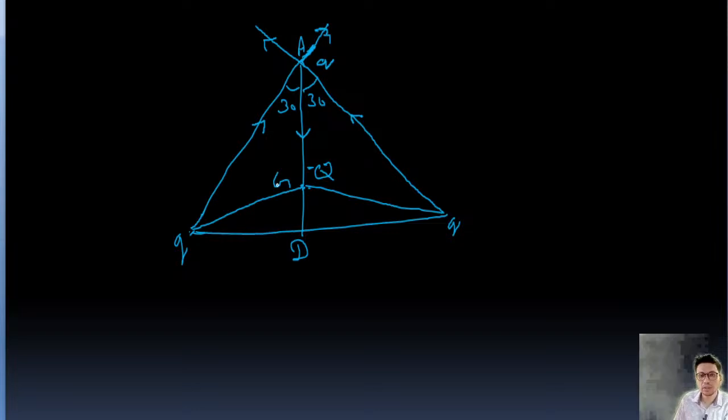So here this is the centroid, guys, the centroid of the equilateral triangle, and there's a property for the centroid of an equilateral triangle. This is AD, the total distance.